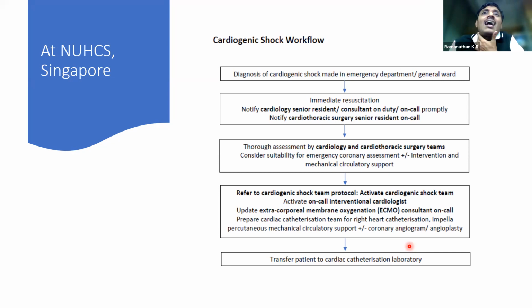So all these individual specialties or specialists eventually meet in the cath lab, where the patient undergoes his first angiogram, and decisions are taken based on the state of shock, as I said earlier. So they usually will be in stage C, D, B, C, or D when they reach the cath lab. And based on what stage they are in, we decide on our intervention.